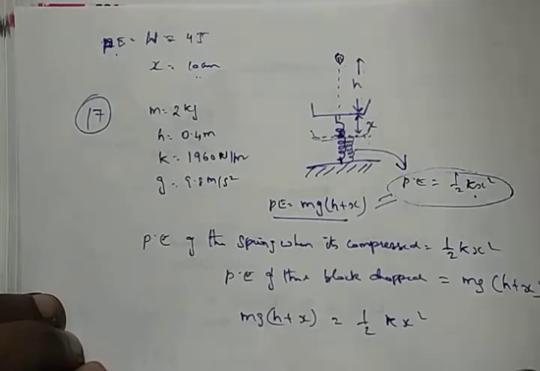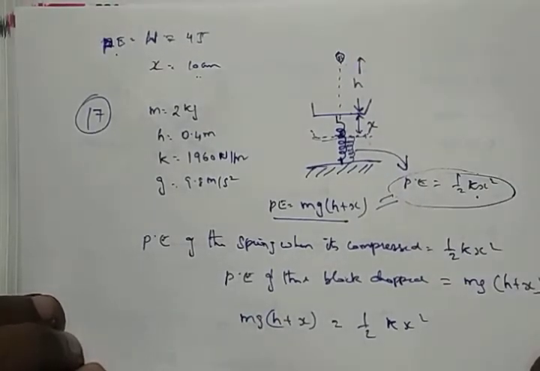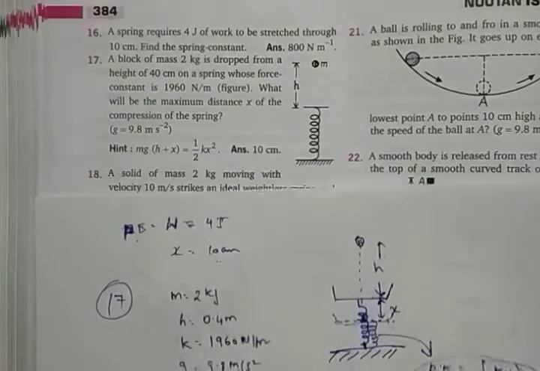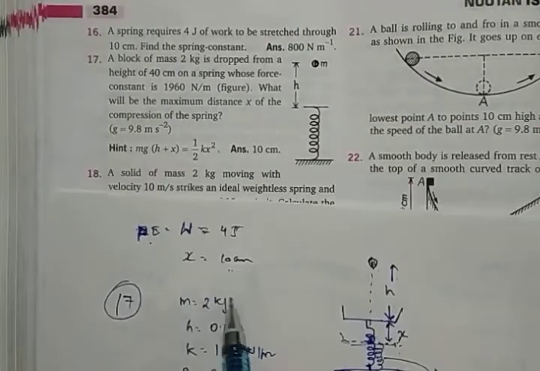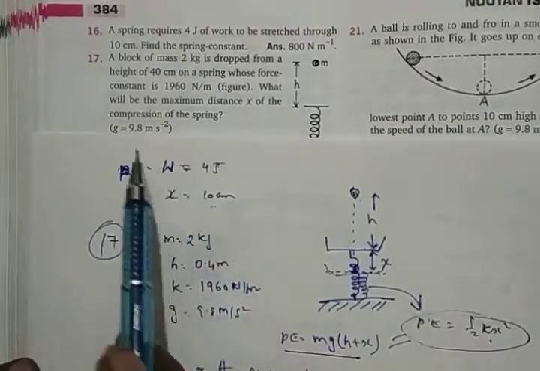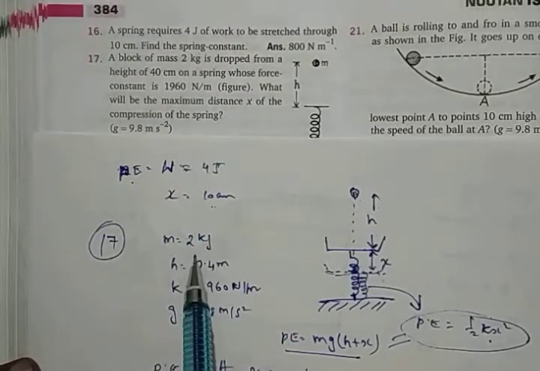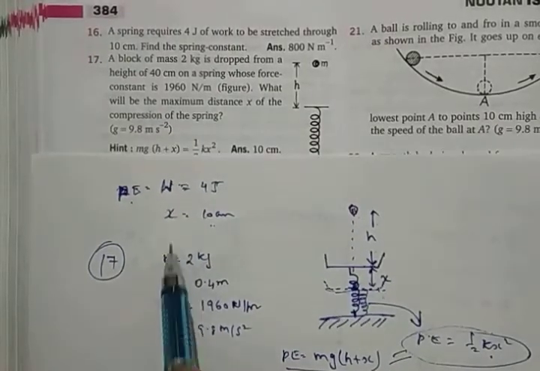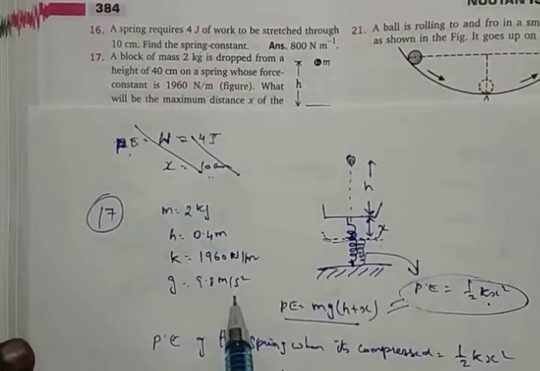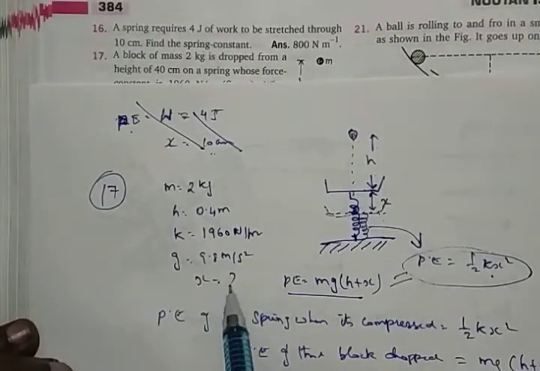Right. Now what is asked here? The one which is asked is x. We need to find out, sorry, what will be the maximum distance x? You need to find out x is going to be equal to question mark, right?